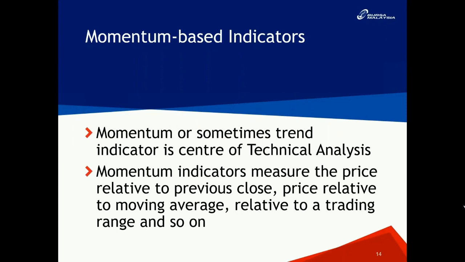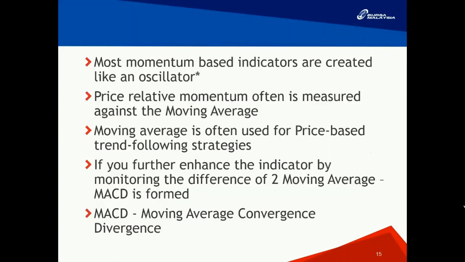So momentum indicators actually measure the price relative to the previous close or a moving average. You compare to something so that you know it's away from the original price at a certain speed and volume. Then you can say it's a trend, hence it's a momentum and trend indicator.